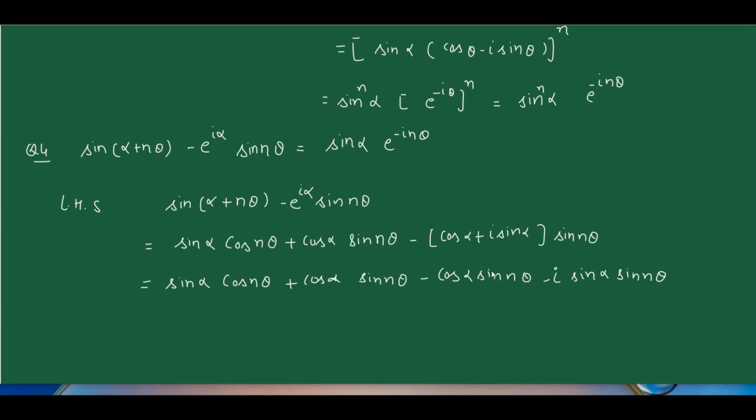So cancel cos alpha sin n theta here and this one. So what you are left with, sin alpha common, cos n theta minus iota sin n theta. So this is sin alpha e raised to power minus iota n theta. So this completes the solution of this question.